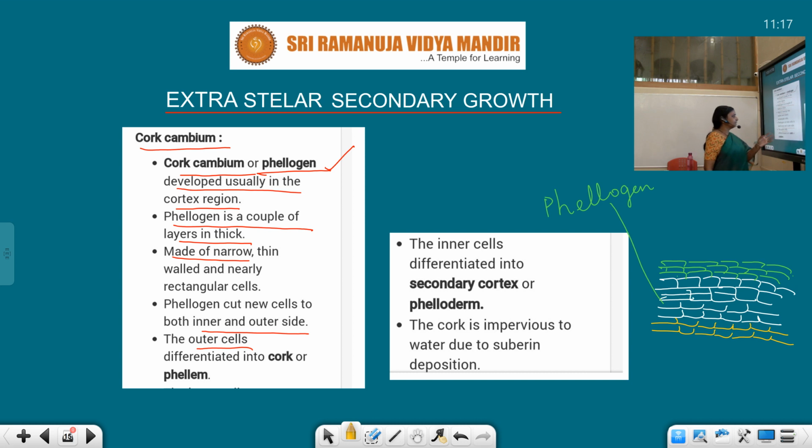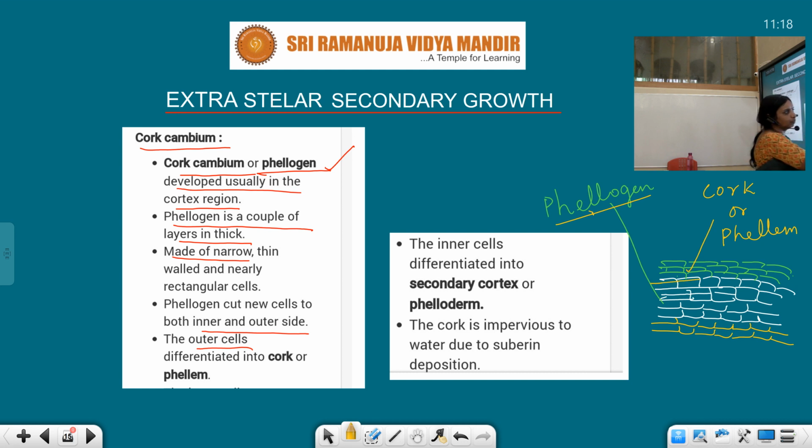So let's see the outer cells. The outer cells differentiate into cork or phellum. The cells formed on the outer side are known as cork or phellum. Don't get confused here: cork cambium is phellogen. Phellogen is present in the cortex region, and this phellogen undergoes division. Towards the outer side some cells are formed and towards the inner side some cells are formed. The cells formed towards the outer side are known as cork or phellum.